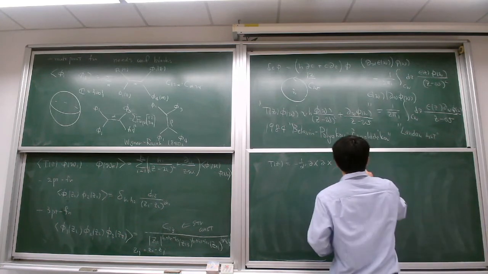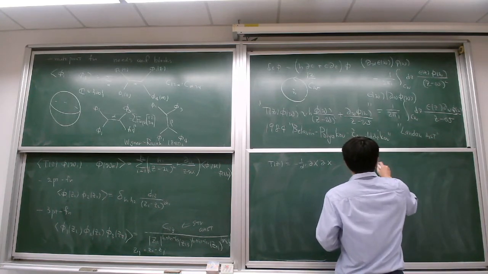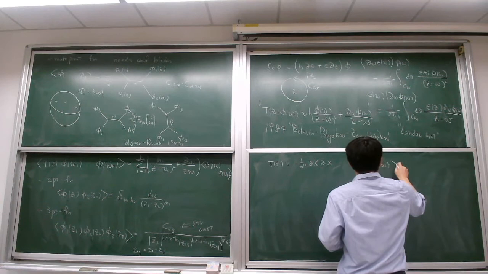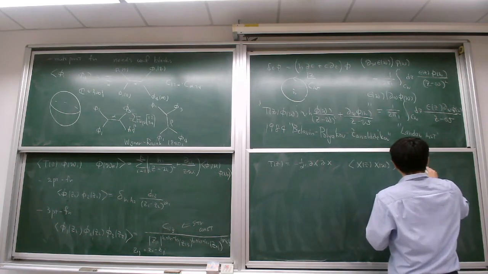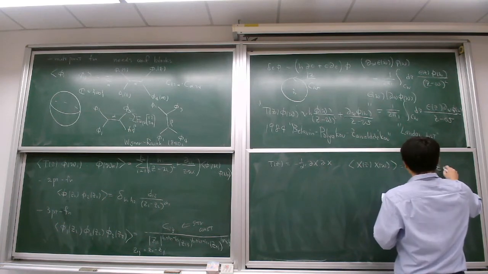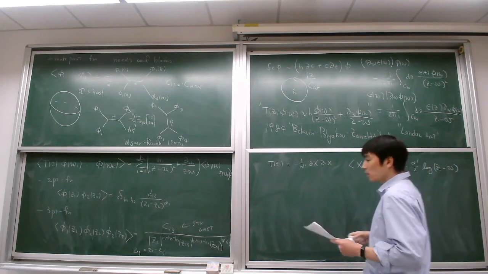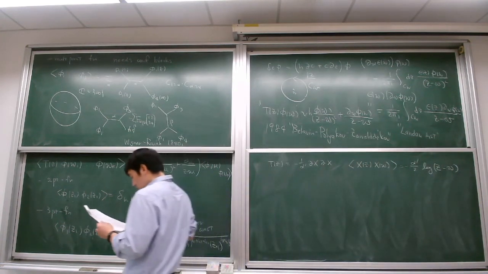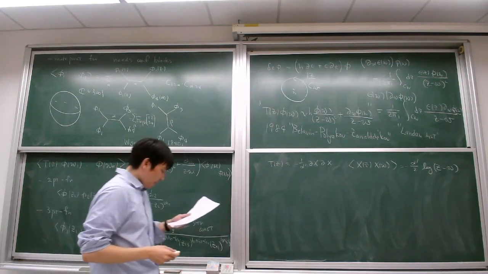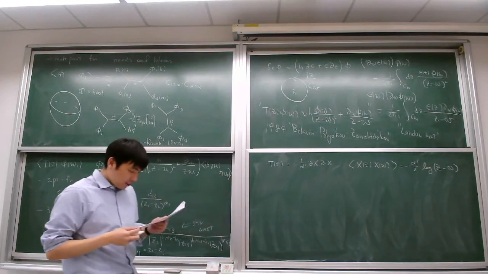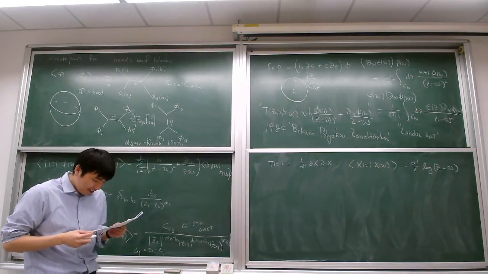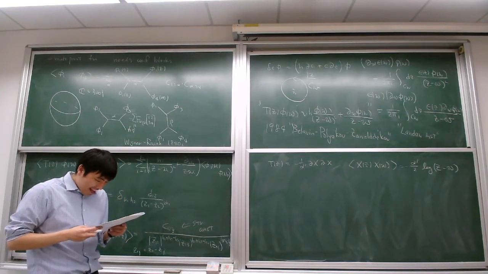And we already know that the X(z) X(w) correlation function is indeed alpha prime over 2 minus log of z minus w. So I already forgot everything about the anti-holomorphic part. Focus on the holomorphic part. Okay, there are lots of typos in my lecture. I'm sorry.